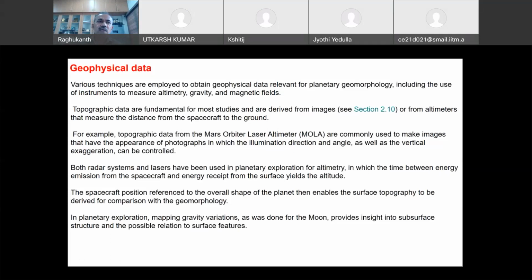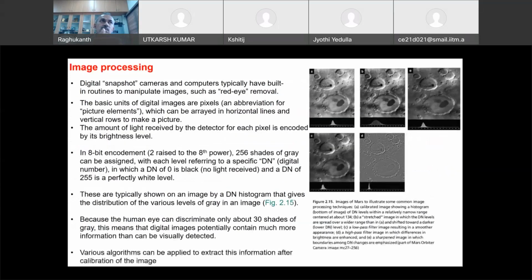This helps us with gravity variations, topographic variations on other planets, and surface features. Now in image processing also, a lot of technological advances have happened. Of course, in your mobile itself, all of you have a variety of apps.